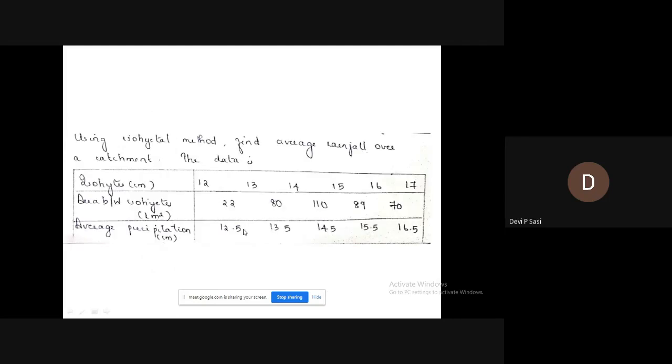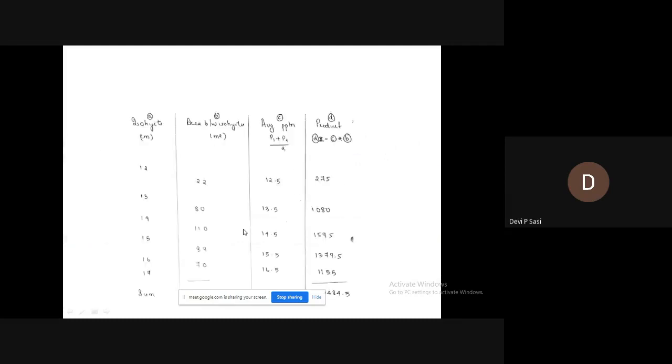Then the average precipitation values, also given in the question. You just copy the data: 12.5, 13.5, 14.5, 15.5 and 16.5.